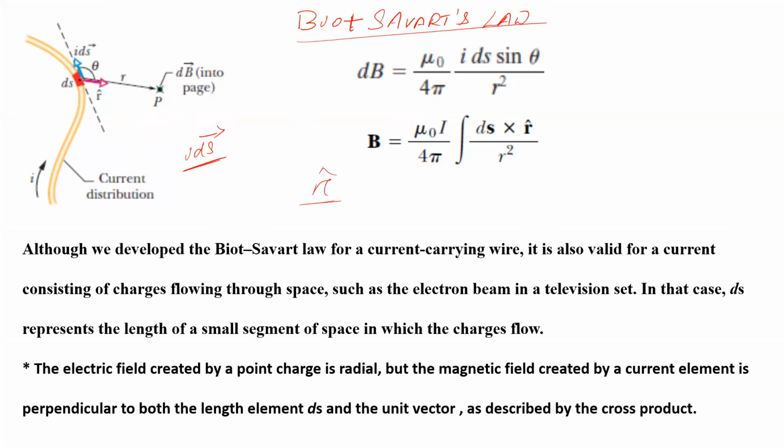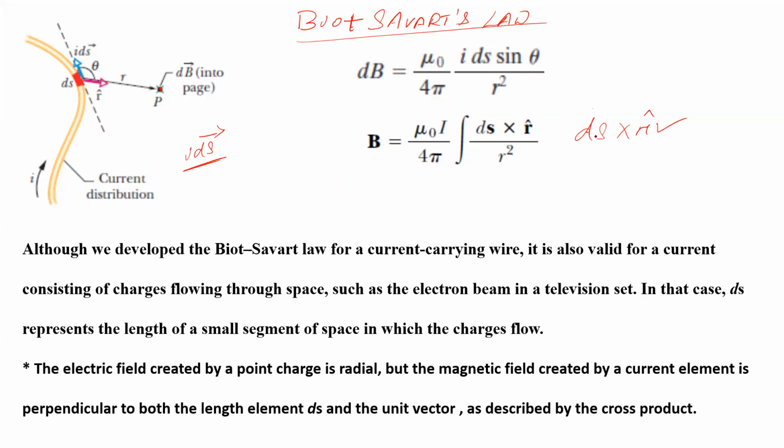That means if this element and a point are at distance r, the direction of this distance is r cap, the unit vector, and if we multiply by it we get the directional factor. So r is the distance, and it is ds cross r cap by r square. That is, ds sin theta by r square, which we can simply put as ds cross r cap, where r cap is a vector and ds is also a vector.